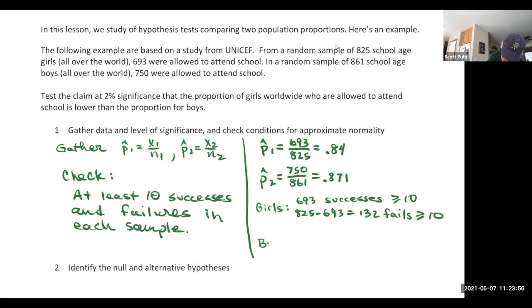For the boys, we continue. 750 were allowed to go to school. So that's greater than or equal to 10. The fails are 861 minus 750.